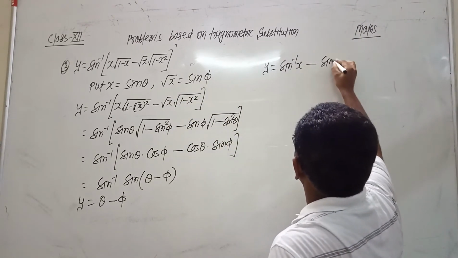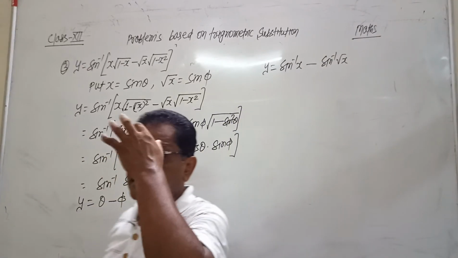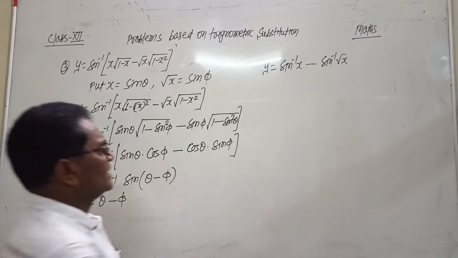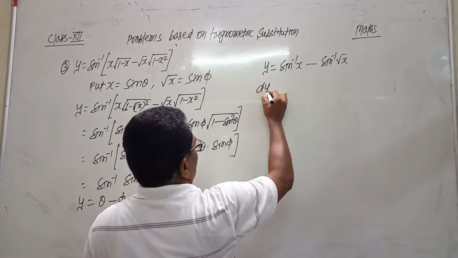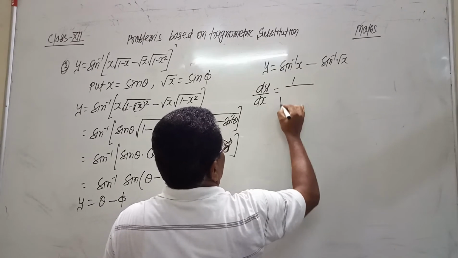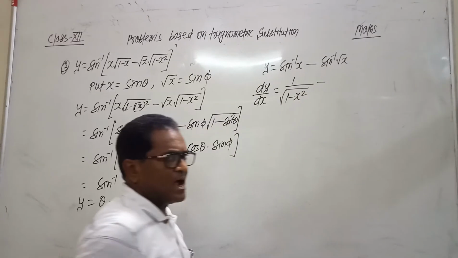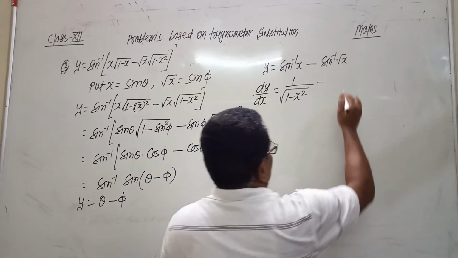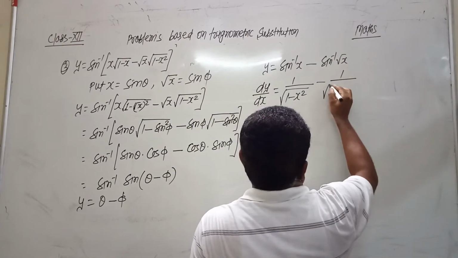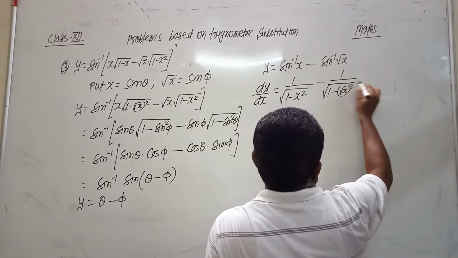sine inverse of under root of x. Now we have to differentiate with respect to x. So differentiation of y is dy by dx: differentiation of sine inverse x is 1 upon under root 1 minus x square, and differentiation of sine inverse root x is 1 upon under root of 1 minus root x the whole square.